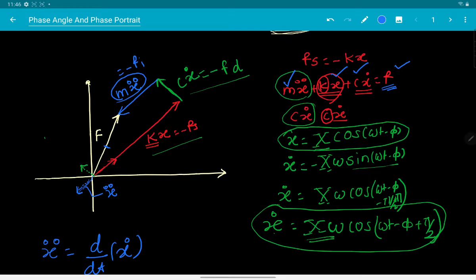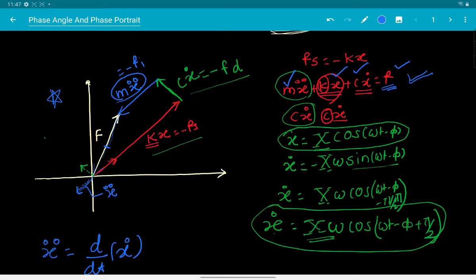Since we are drawing these forces m x double dot, k x and c x dot in this fashion, in order to close the polygon we should draw minus f, which will be in this direction, right? And the polygon will be closed, and hence this equation is satisfied. So writing down this equation is equivalent to drawing this figure, and this is called the phasor representation, or a phasor diagram of these forces.